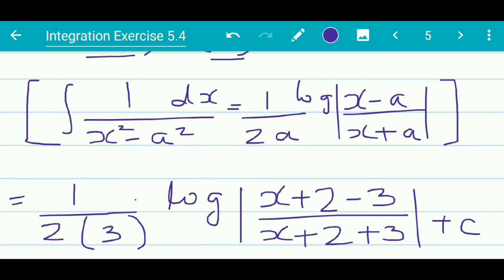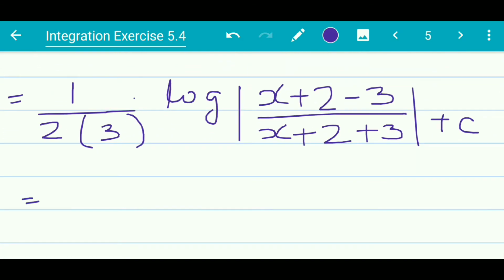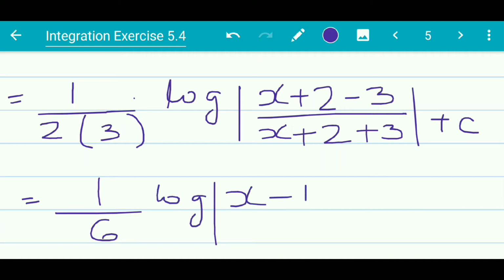Now we can simplify one step further, although this is our answer actually. That is 1 upon 6 log mod of x plus 2 minus 3 is minus 1, and similarly in the denominator it is plus 5. So this becomes our answer.